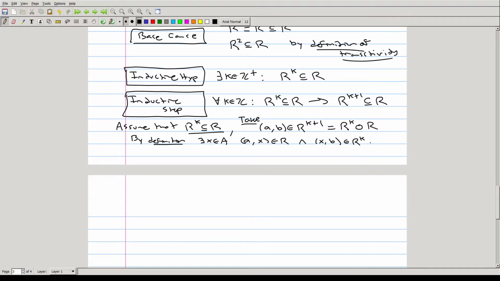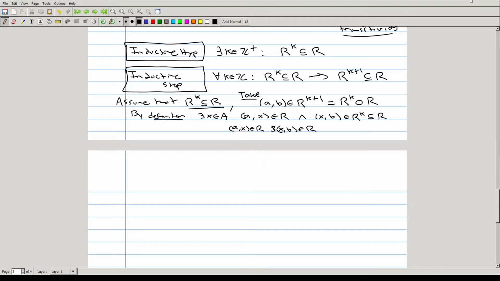And by our inductive assumption, R to the k is a subset of R. So (a, x) is an element of R, and (x, b) is an element of R.